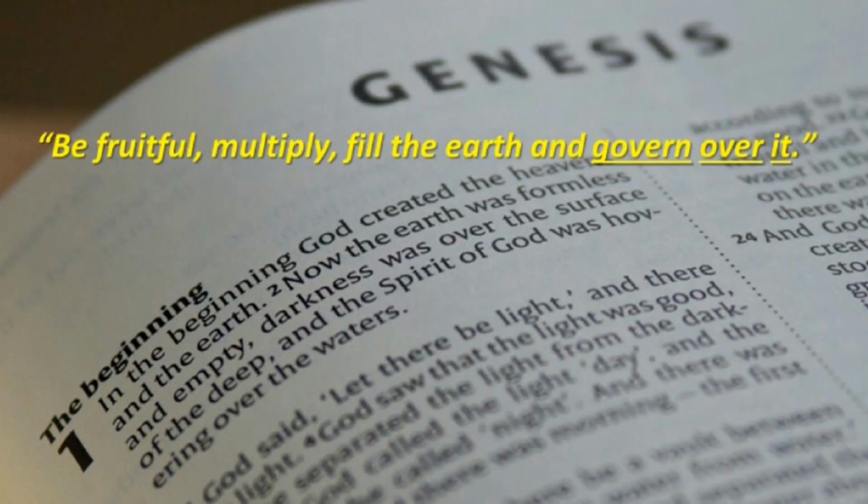Now, some of you might be thinking, wow, where do you get that? Well, again, I go back to that first commission that we read earlier in Genesis, where God defines our job description, generally speaking, as human beings. He spells it out right there in the first chapter. Our assignment is to govern over this material world, not just the animals, but the material world, including the resources in it, according to the Amplified.